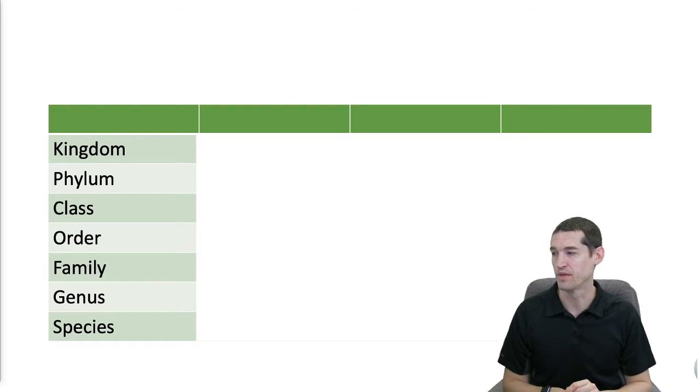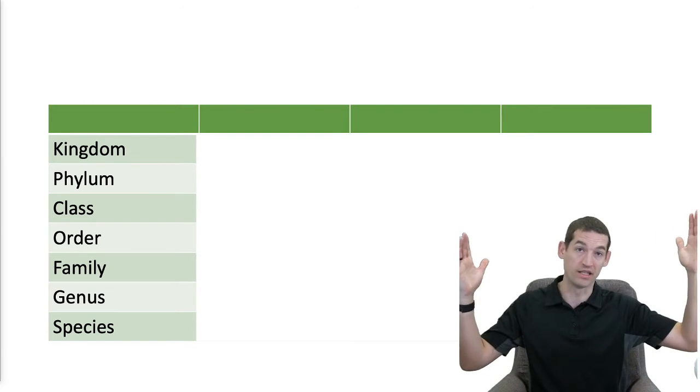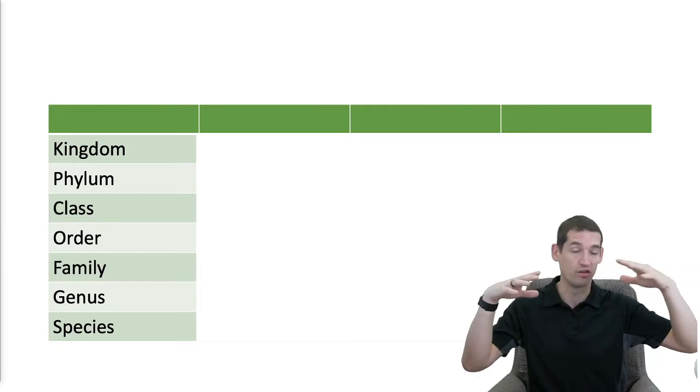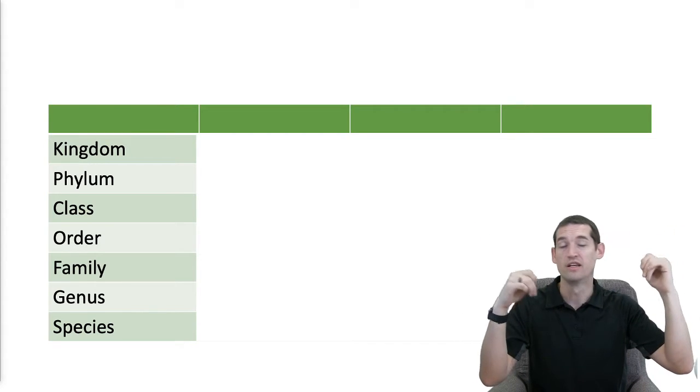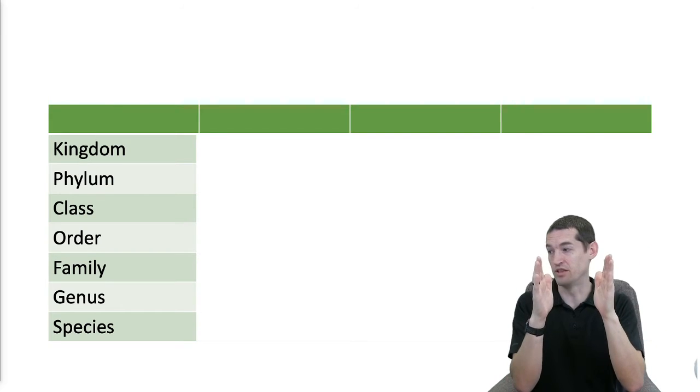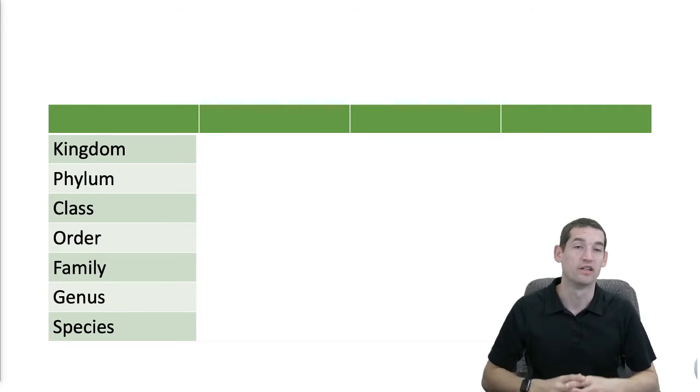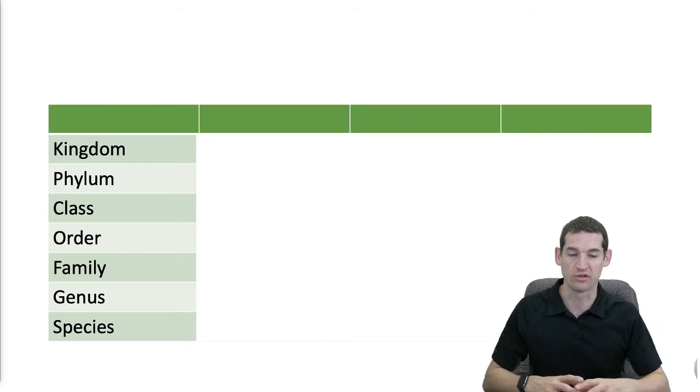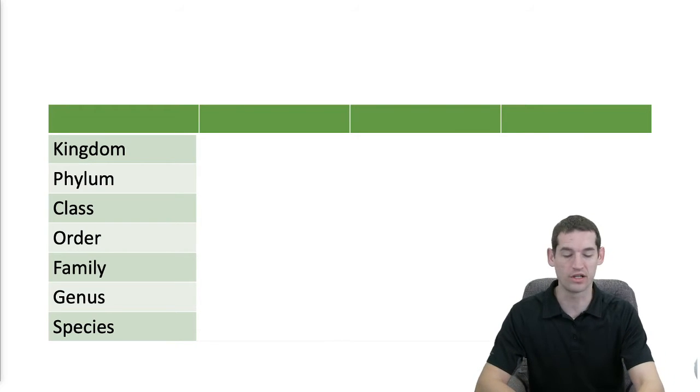So kingdom would be like Animalia. It's very, very large, it's very broad, all of the animals are included. And then you go down from there. The phylum would be much smaller, and then the class, and then the order, until eventually you were talking about a single species.